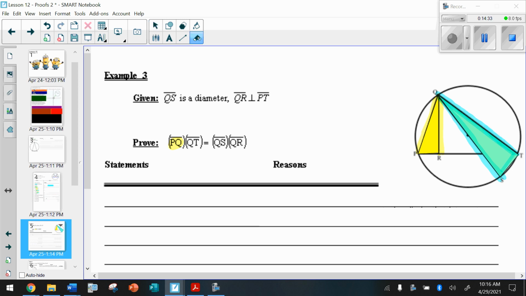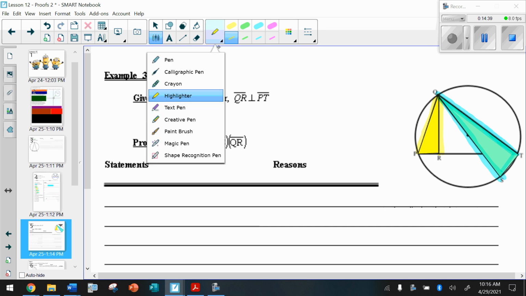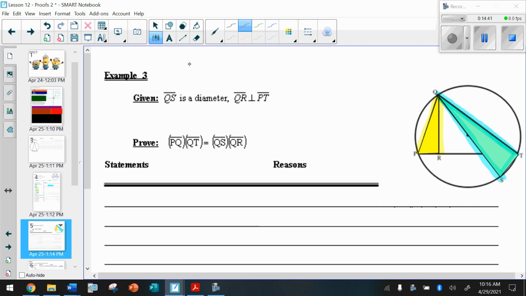As far as what to prove, we're supposed to prove that PQ times QT is equal to QS times QR. Do you remember how to prove that segments are equal? Well, when we did this back in unit, I don't remember, I think it was unit 6, what we did is we took this and made it into a proportion.